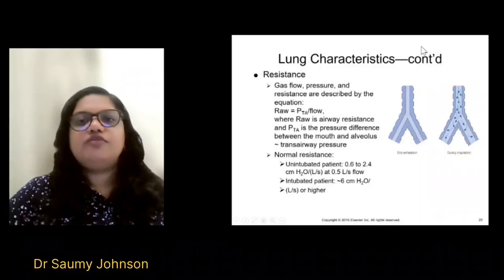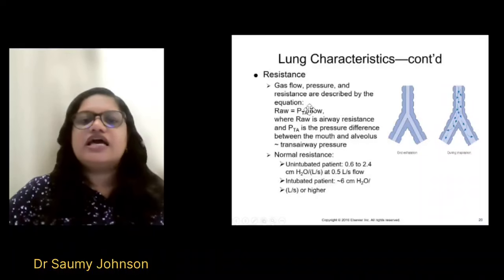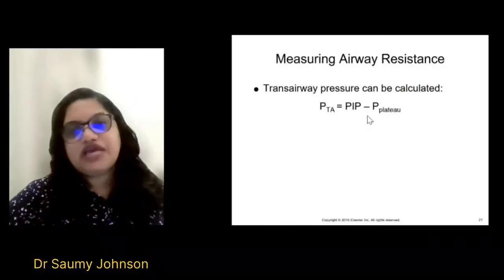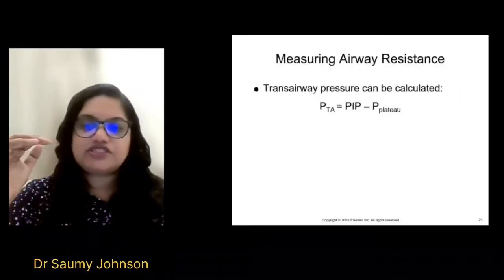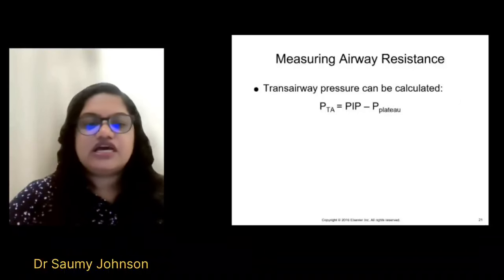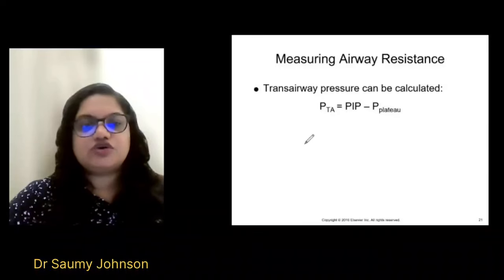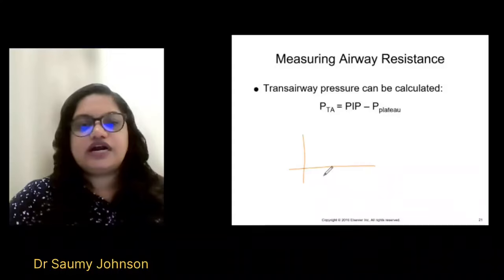Now, how do we measure the airway resistance? It can be calculated as the PIP minus P plateau. The PIP is peak inspiratory pressure, the maximum pressure that we achieve during the inspiration. So if I draw the graph, it would be like that, inspiration.